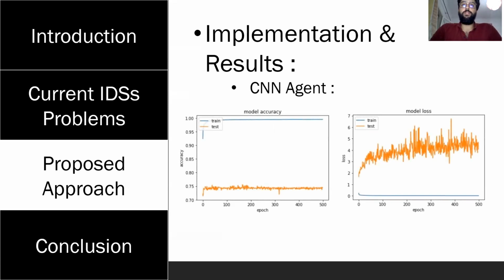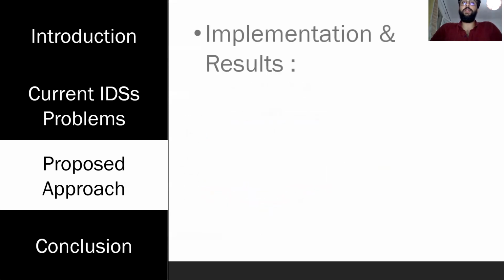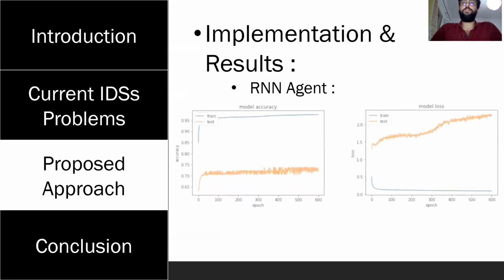Like we showed in the previous slide, these are figures showing the accuracy and the loss for the convolutional neural network. And these are the figures showing the accuracy and loss for the RNN agent.